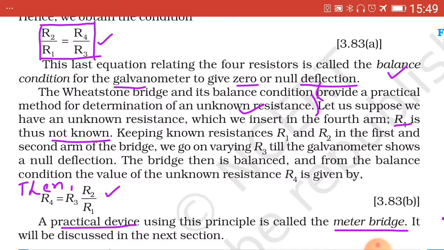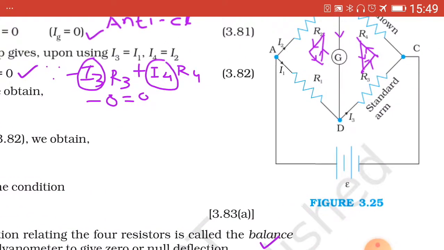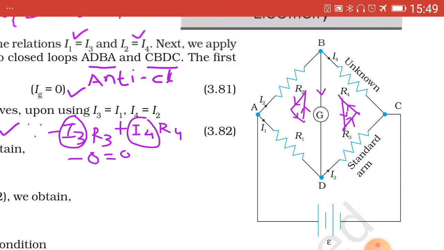So we have seen here R2 upon R1 equal to R4 upon R3, that is we have the two resistors of the same loop, R2 and R1. Refer to the figure: R2 and R1 of the same loop, first on the upper part and the second one on the lower part. Similarly on the RHS, second loop, R4 on the upper part and R3 on the lower part.